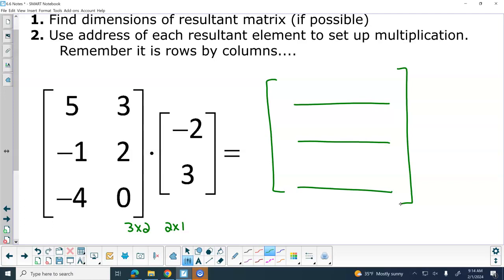Now, step number 2 says, use the address of each resultant element to set up multiplication. Remember, it's rows by columns. So the address of this element is row 1, column 1. Agree? The address here would be row 2, column 1, row 3, column 1.